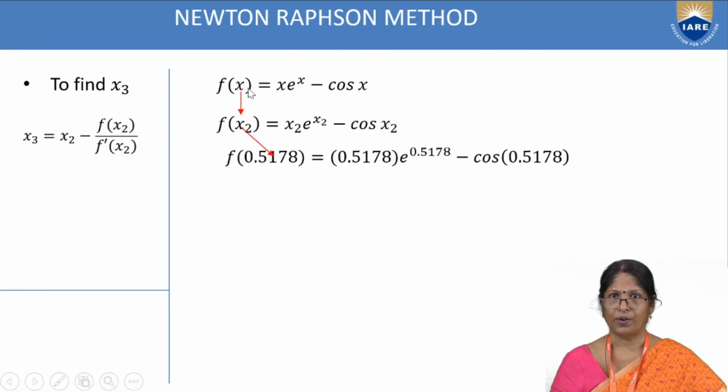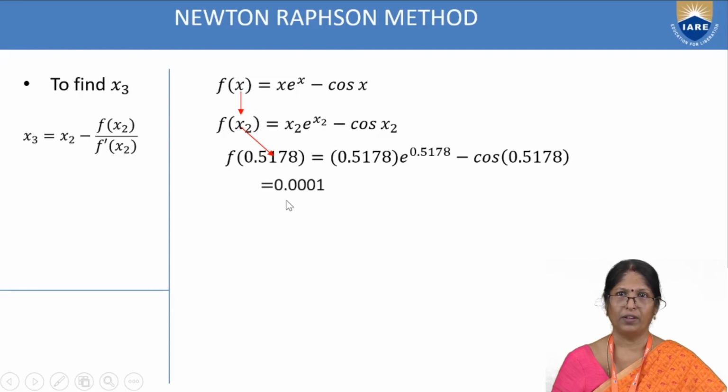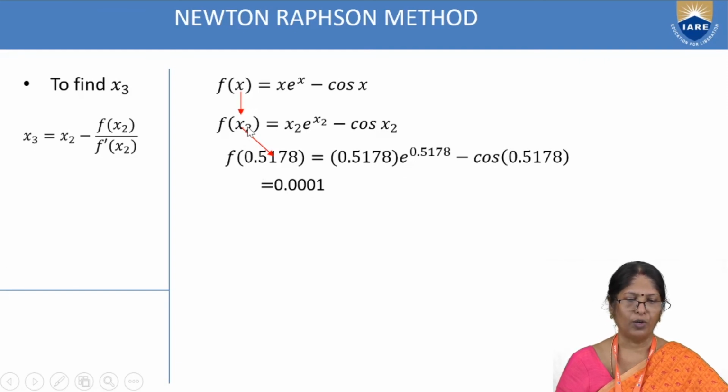You can see it, from x it is becoming x2, and x2 is taking the value 0.5178. So the calculation part is done. We got the value 0.0001, that is f of x2.